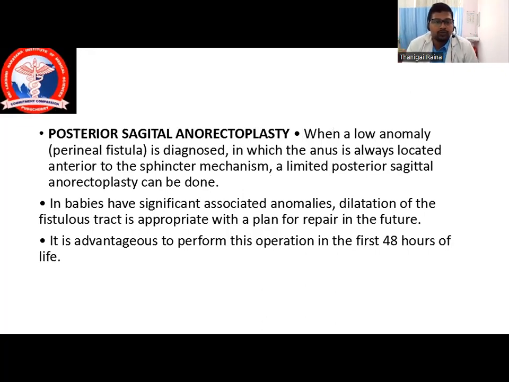Coming to posterior sagittal anorectoplasty: when a low anomaly, that is a perineal fistula, is diagnosed, in which the anus is always located anterior to the sphincter mechanism, a limited posterior sagittal anorectoplasty can be done. In babies with significant associated anomalies, dilatation of the fistulous tract is appropriate with a plan of repair in the future. It is advantageous to perform this operation in the first 48 hours of life.